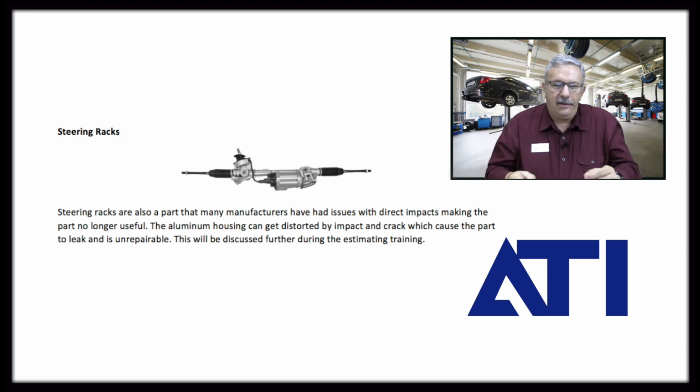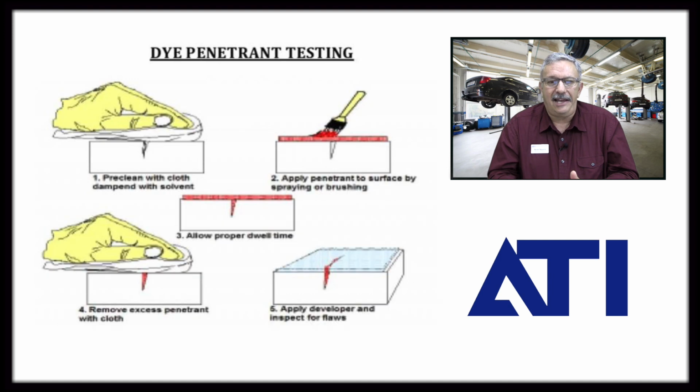Now I'll bring up again the used parts. If for some reason someone is asking you to use a used part, some of the things that I would ask to make sure that I can, with assurance, tell the customer that it's a good part, has there been a dye test done on the aluminum part to make sure that there are no microscopic cracks?